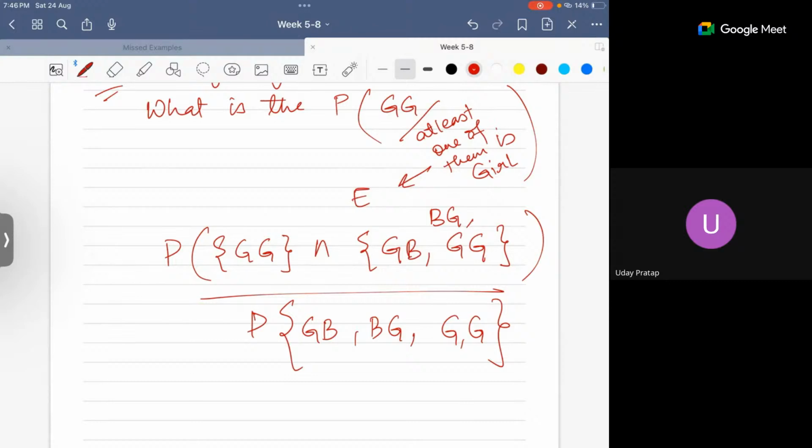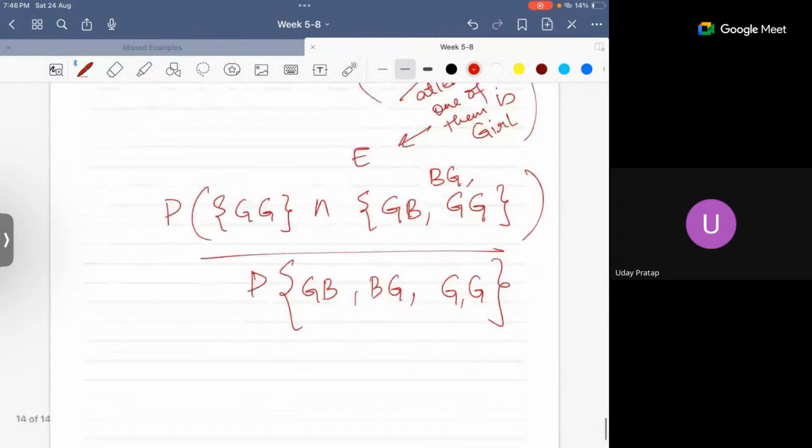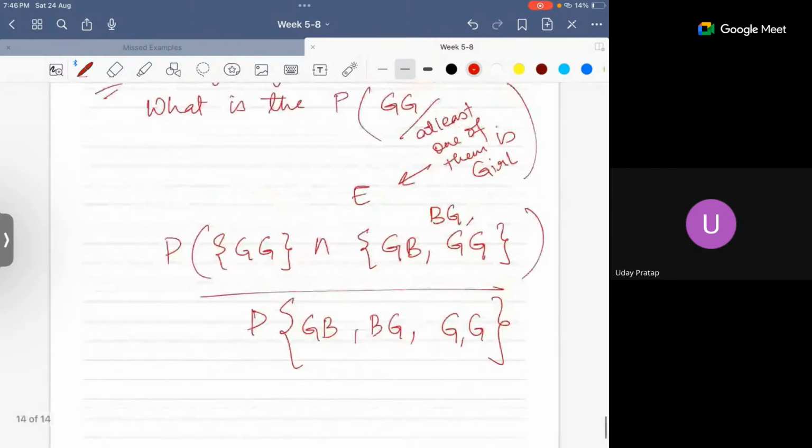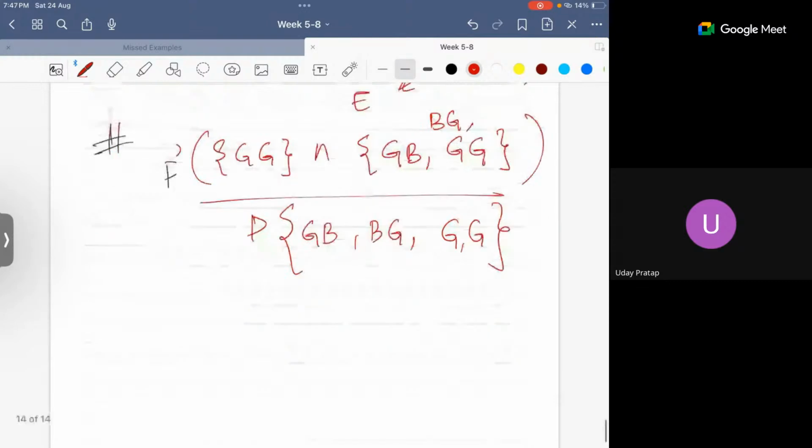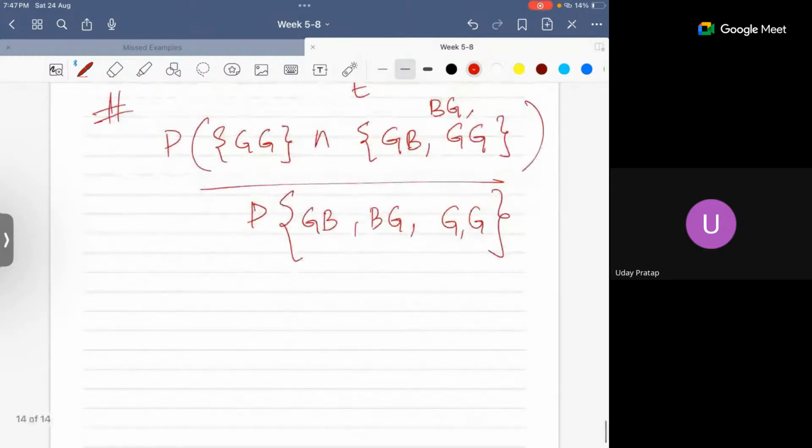Yes. So, any method you can approach with. Either you just use the formula directly, like the conditional probability formula we have talked about, or you can directly use that at least one of them is a girl. Then what is the whole sample that you have?